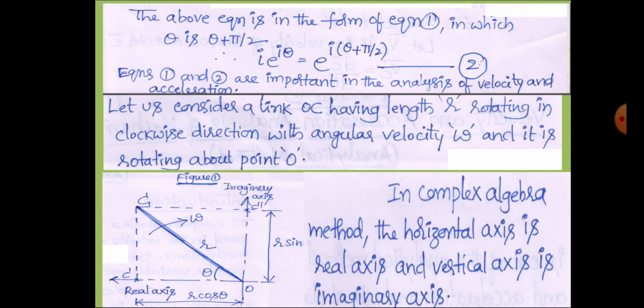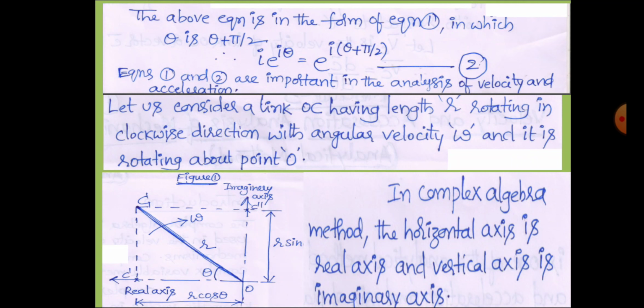Therefore, the horizontal axis will be the real axis and the vertical axis is the imaginary axis in the complex algebra method. In Cartesian coordinates, the horizontal axis is x and the vertical axis is y. But in the complex algebra method, the same horizontal axis is the real axis and the vertical axis is the imaginary axis.